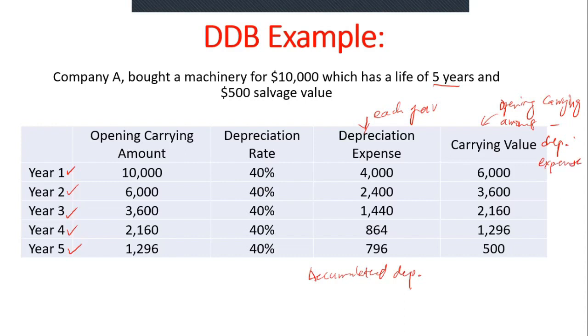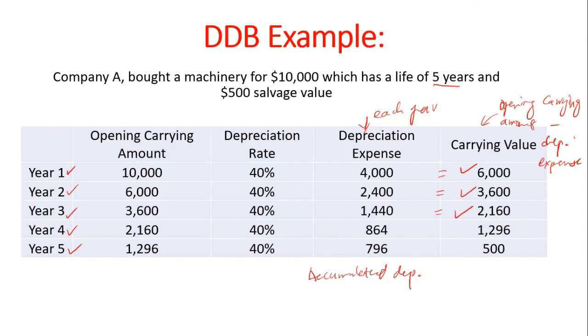So it's 10,000 minus 4,000 equals 6,000. 6,000 minus 2,400 equals 3,600. 3,600 minus 1,440 equals 2,160. Right? So this would be the complete table, or you can call it the double declining balance method depreciation schedule.